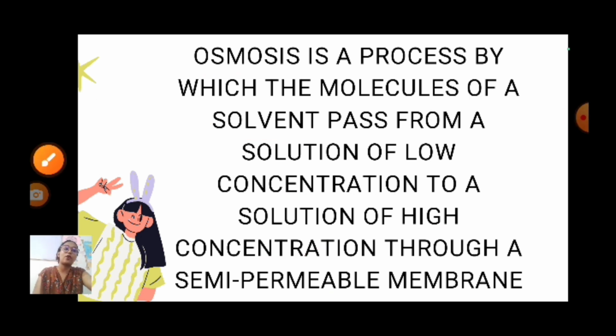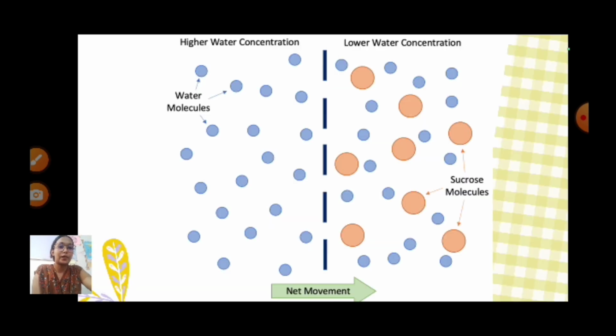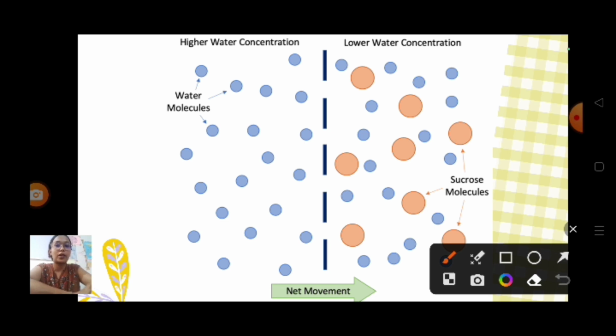Okay, now moving on to the next slide. So this is the diagrammatic representation of osmosis, where you can see high water concentration here, many water molecules in this chamber. But here low water concentration, fewer molecules of water.